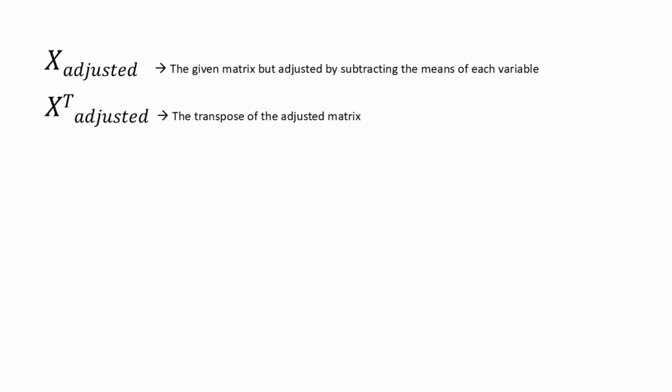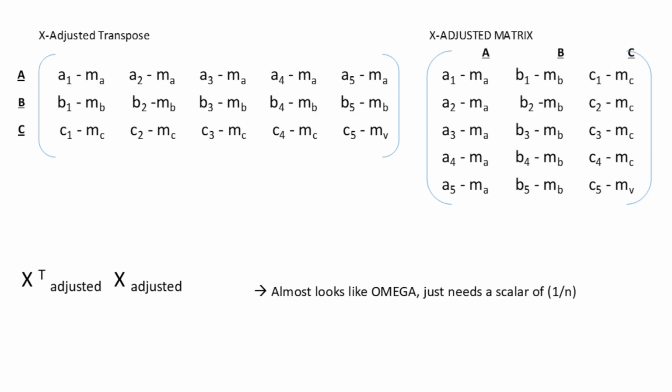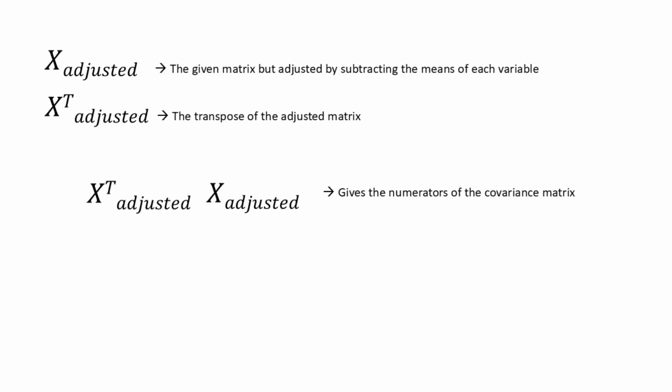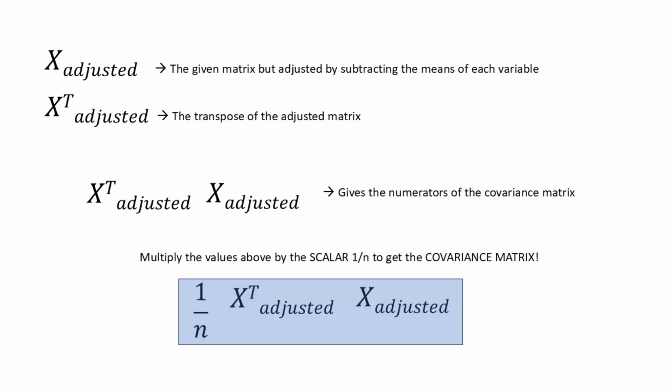Therefore, it can be shown that if there are 3 variables and n rows, then our X transpose adjusted times X adjusted will give the numerators of the omega matrix that we've just shown a while ago. And if we divide everything in the cells by n, then this actually gives the actual variance-covariance matrix.